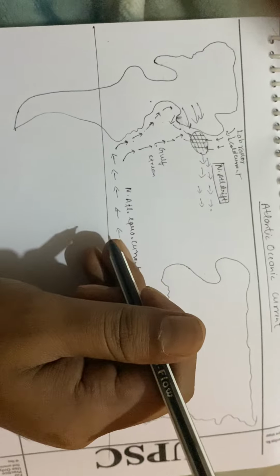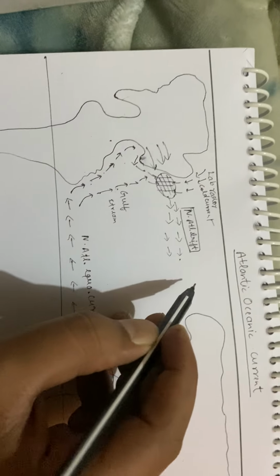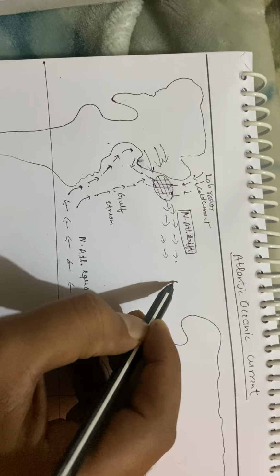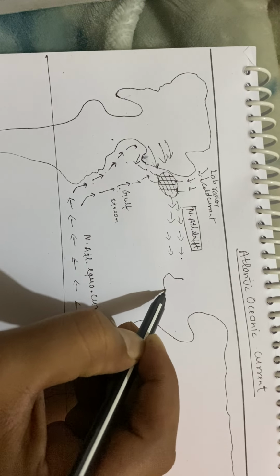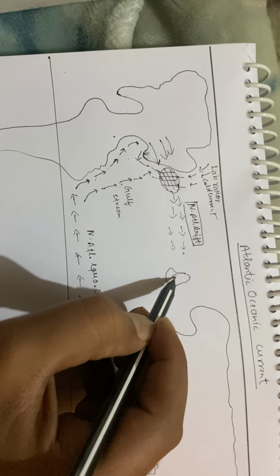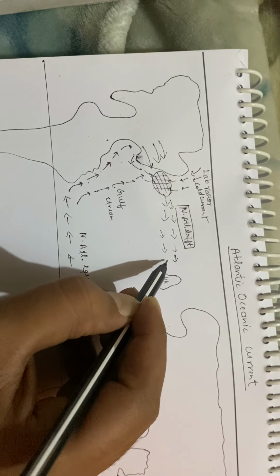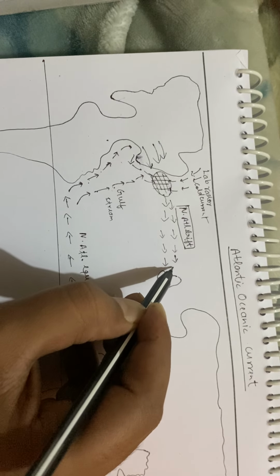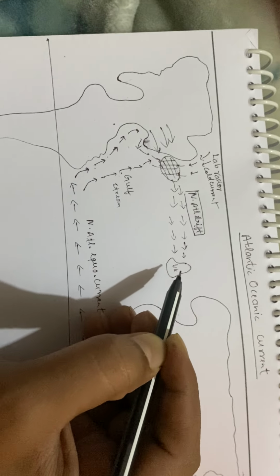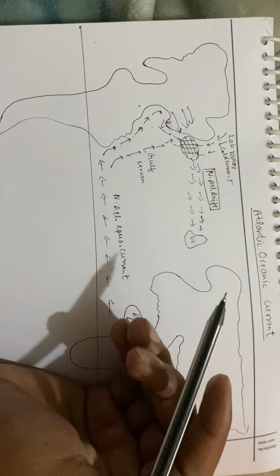Okay. So if I take the UK here, roughly, this is the UK, the United Kingdom. When the westerly North Atlantic Drift comes close to the UK, it bifurcates into two parts.